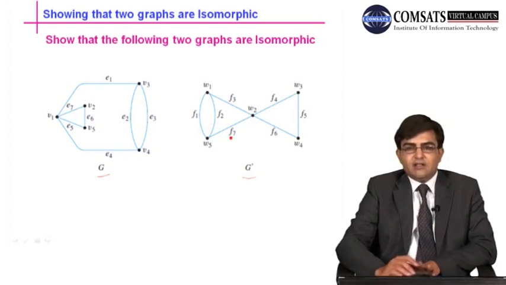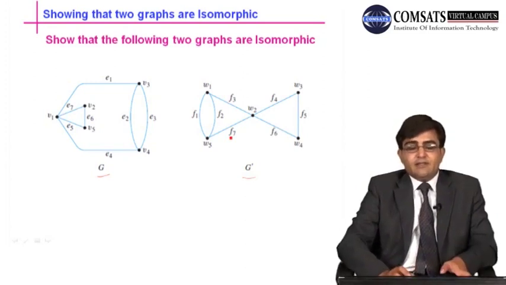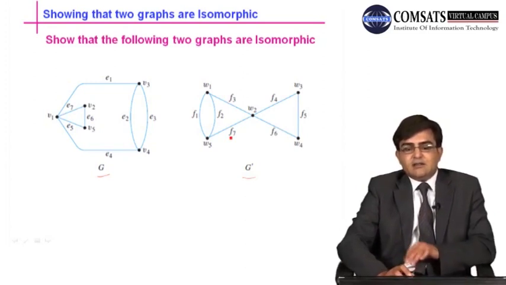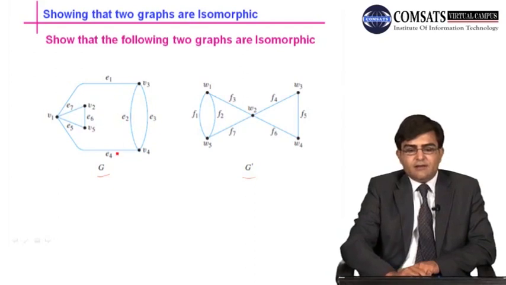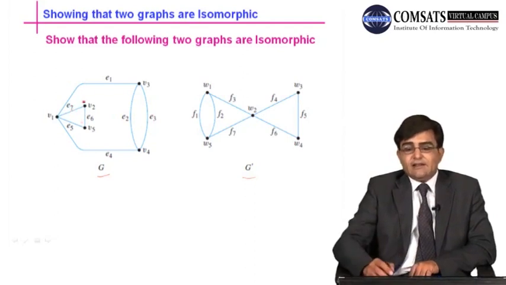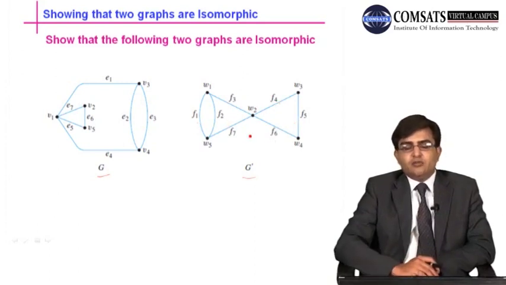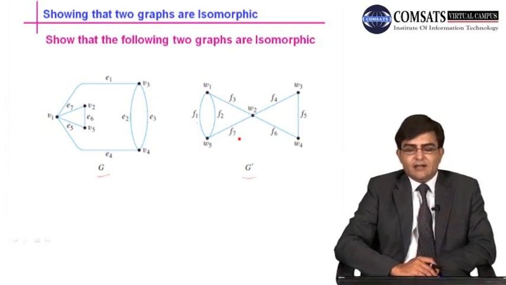So we can define a one-to-one correspondence between the vertices of these graphs, and then check the edges. We have E1, E2, E3, E4, E5, E6, E7, 7 edges in this graph, and in this graph we have F1, F2, F3, F4, F5, F6, F7, so 7 edges in this graph also.